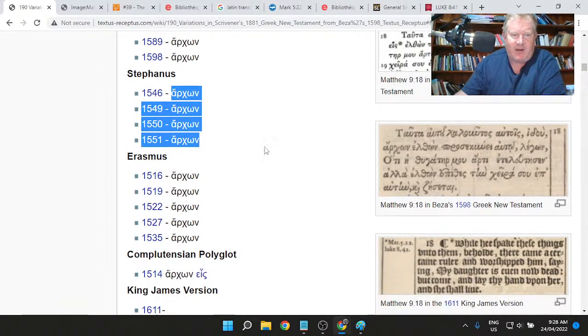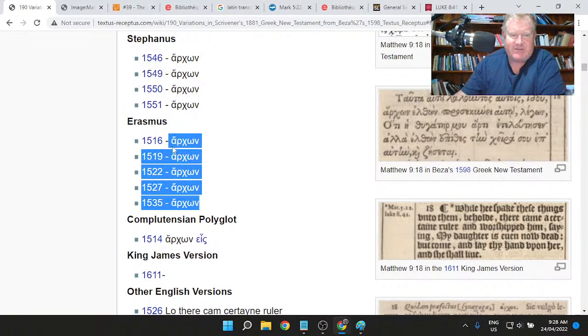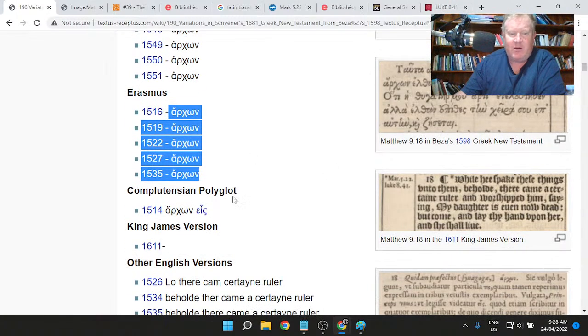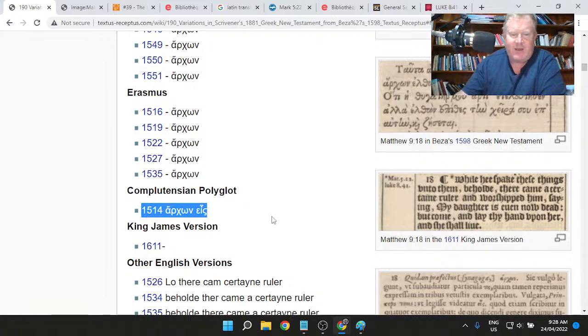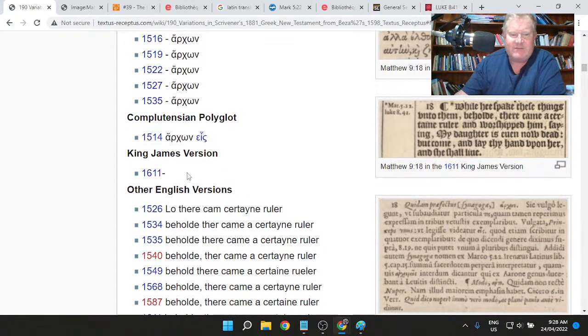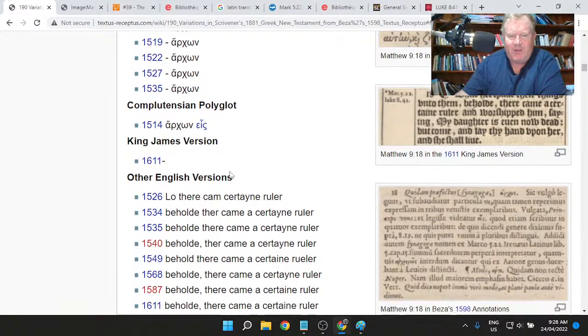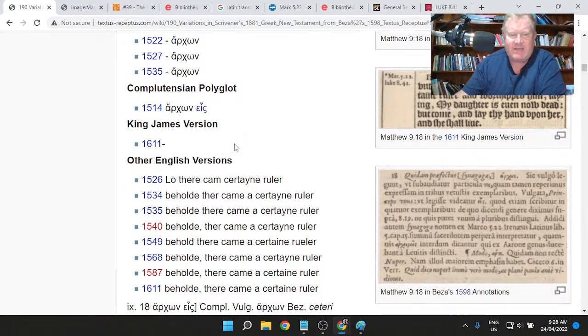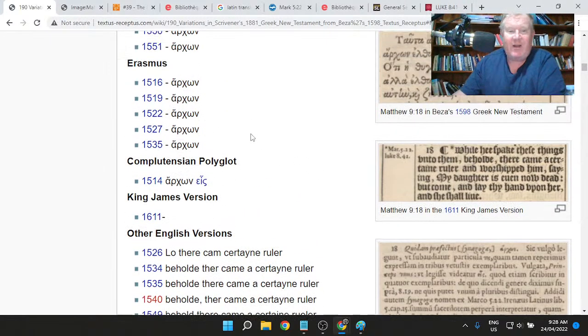Stephanus's editions have archon. Erasmus's editions all have archon. Complutensian polyglot has archon ice. So that's 1514. So the King James version, I've left it blank there because the ice doesn't translate through, because we don't really need it.